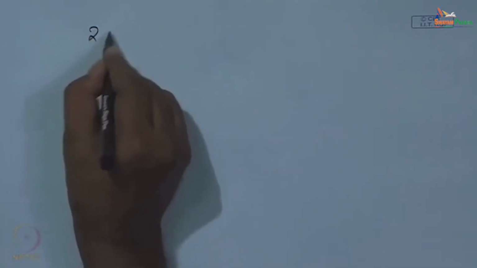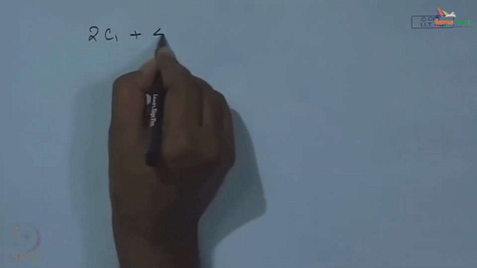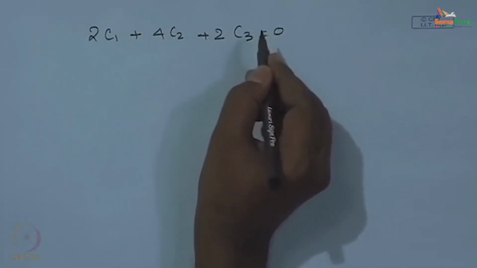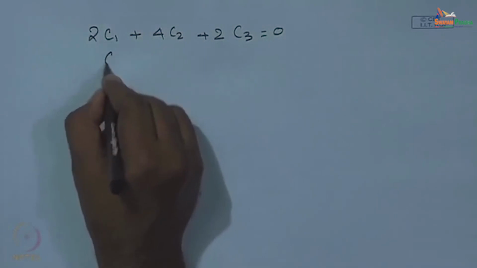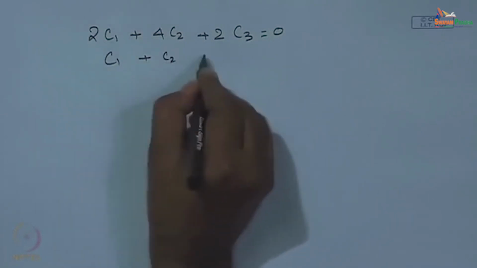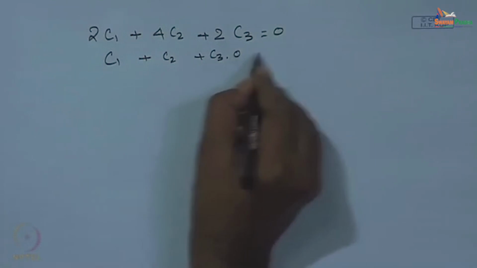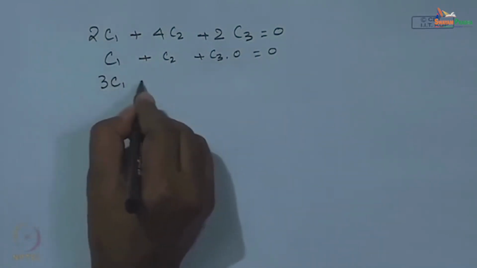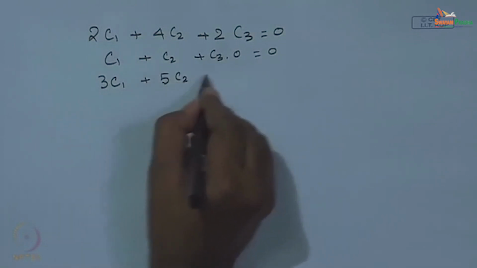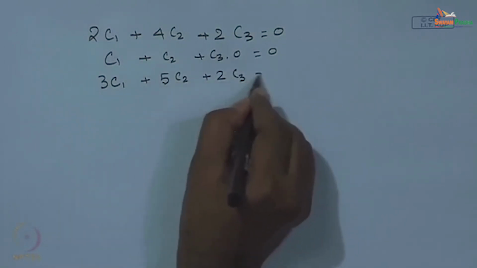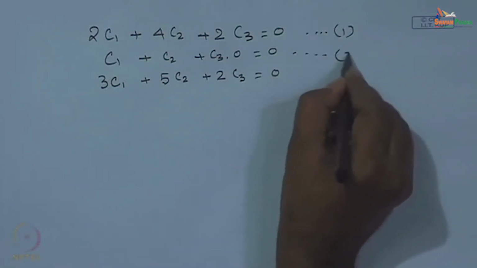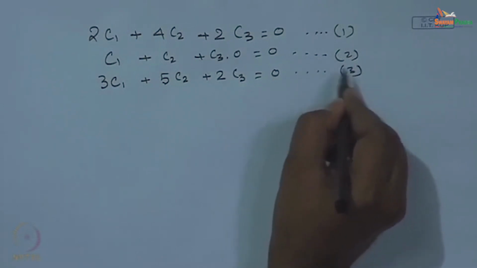So, you will constitute 3 equations out of this: 2 C1 plus 4 C2 plus 2 C3 equal to 0; then C1 plus C2 plus C3 multiplied by 0 equal to 0; and 3 C1 plus 5 C2 plus 2 C3 equal to 0. This is equation number 1, this is equation number 2, this is equation number 3.